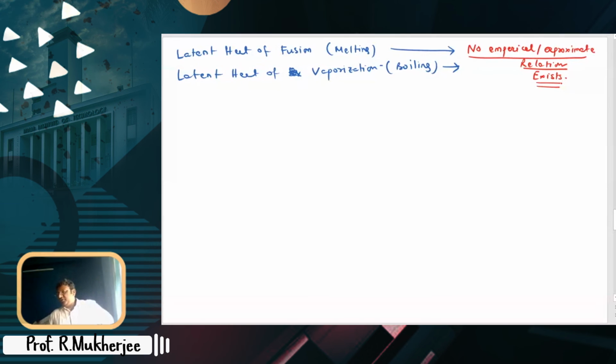There is nothing. So for a system, if you want to find out the value, you have to do some calorimetric measurement. Nothing can be done. And that's where, when you do some fuel lab in your third year, you will learn how to measure it.